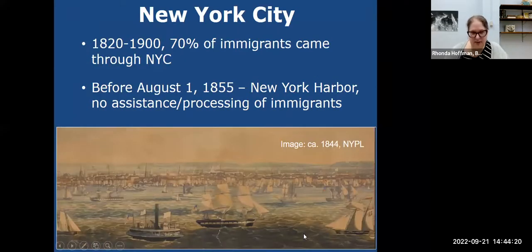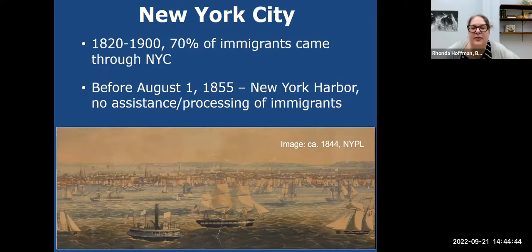Want to give you a little bit of background because though everyone didn't come through New York City from 1820 to 1900, about 70% of immigrants came through New York City. And a lot of people think, if they came into New York, they definitely came in through Ellis Island, but Ellis Island wasn't always there.